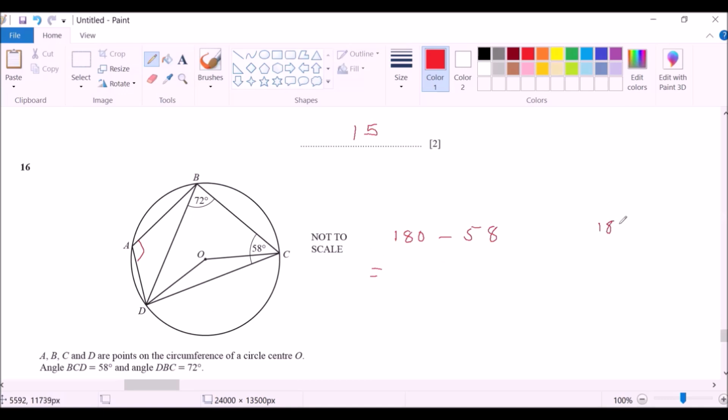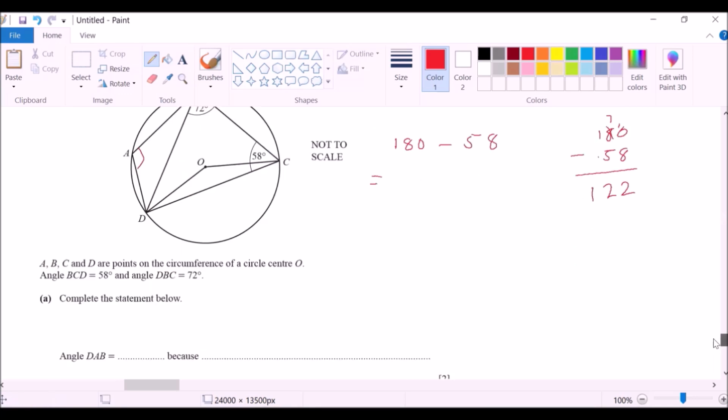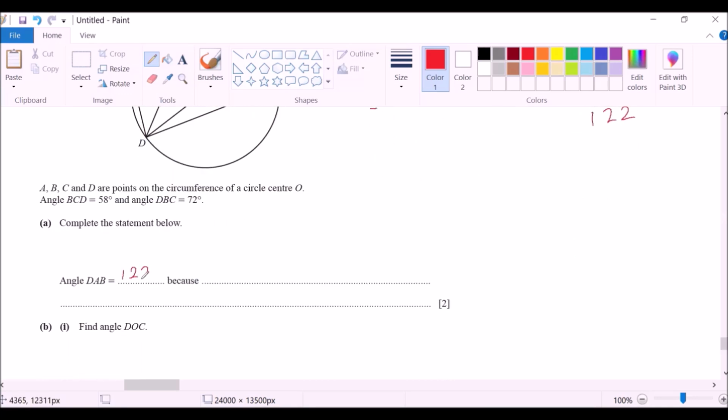So 180 minus 58, 7 there, 10, 10 minus 8, 2, 7 minus 5, 2, 1 minus 0, 1. So it is equal to 122 degrees, because opposite angles of a cyclic quadrilateral are supplementary or add up to 180 degrees.